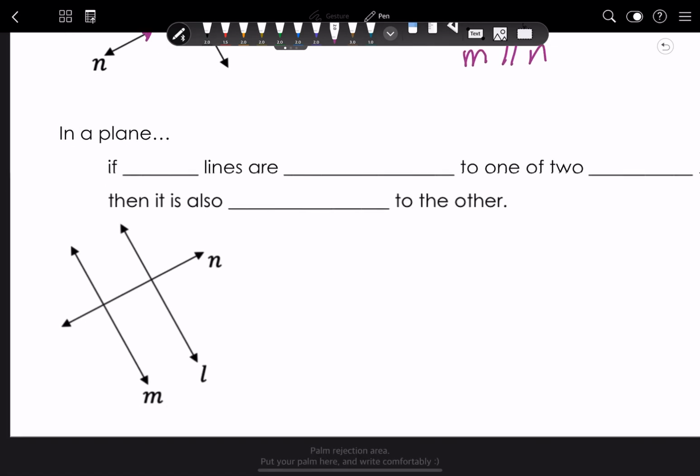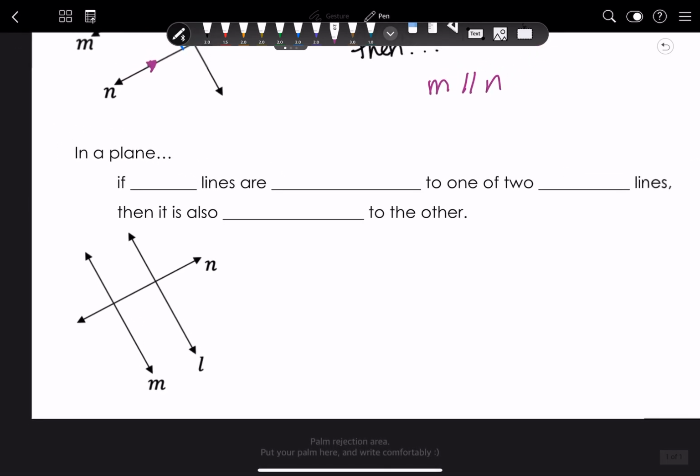Alrighty, last one. These are going to be one of your shortest notes that we're going to end up taking this year.